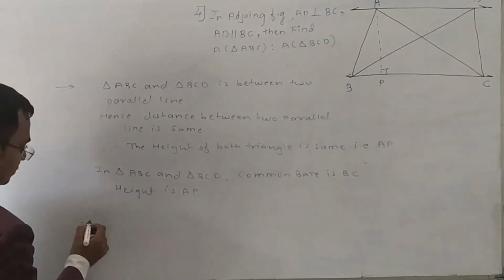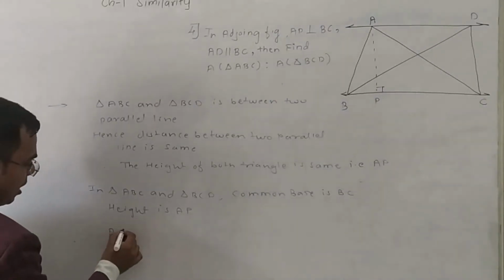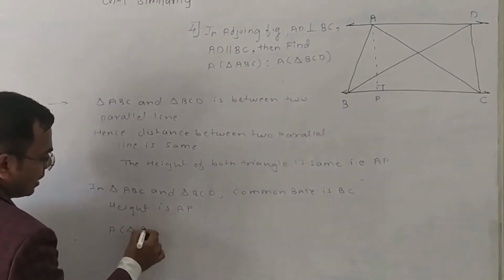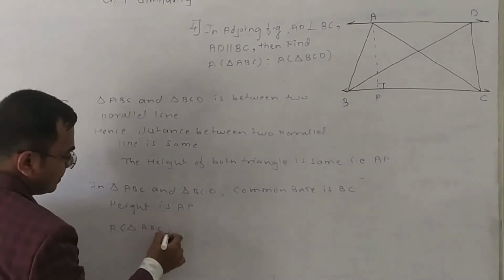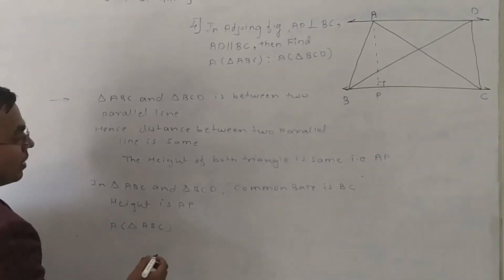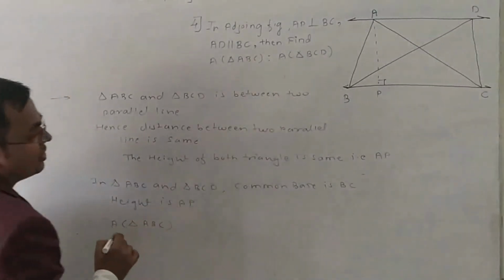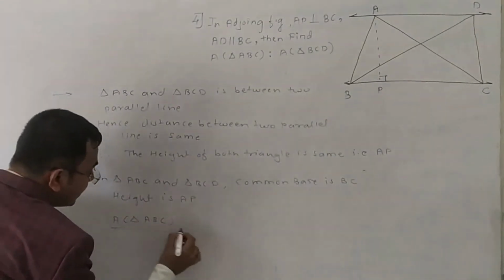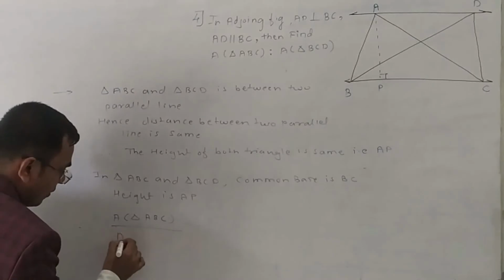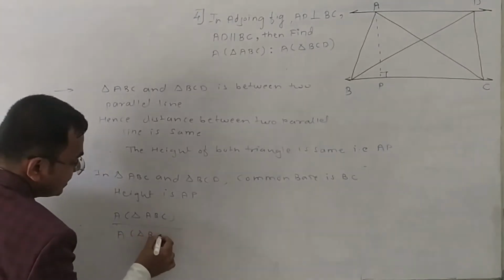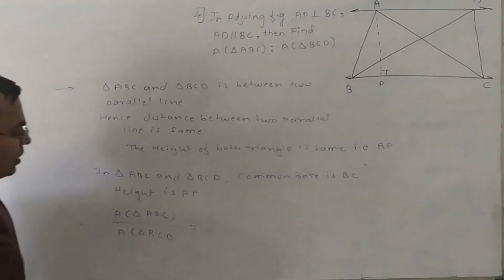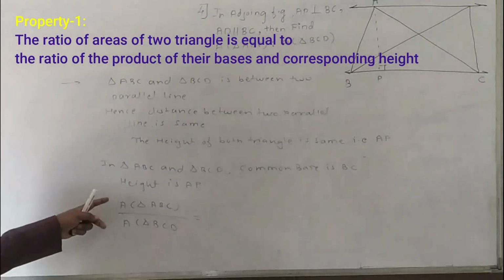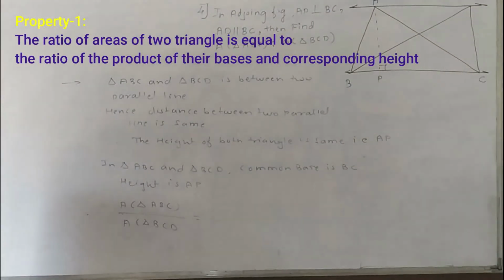Therefore, area of triangle ABC to area of triangle BCD. This means division, so we can write it as a ratio of areas of two triangles.